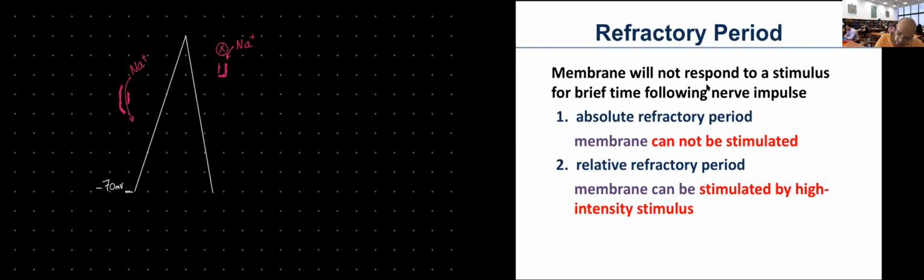During late depolarization, the sodium channels are already closed and no influx of sodium has taken place. At the same time, I've opened the potassium channels and the potassium now is leaking out.